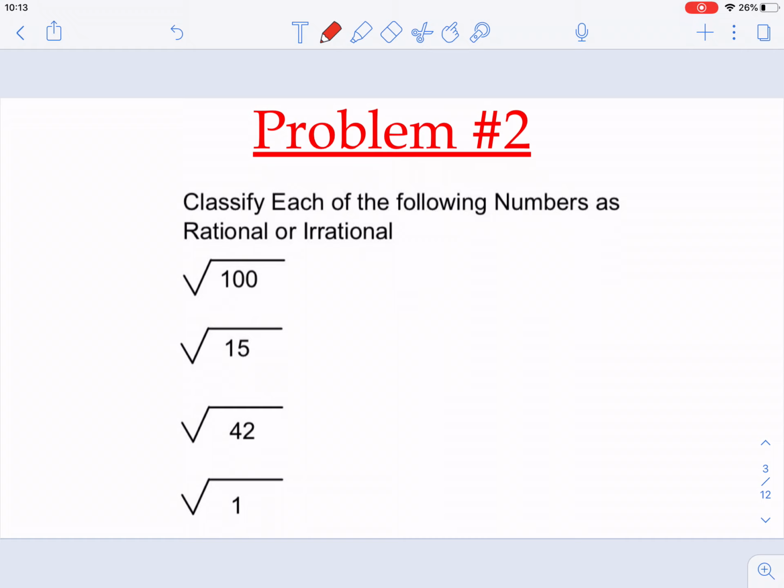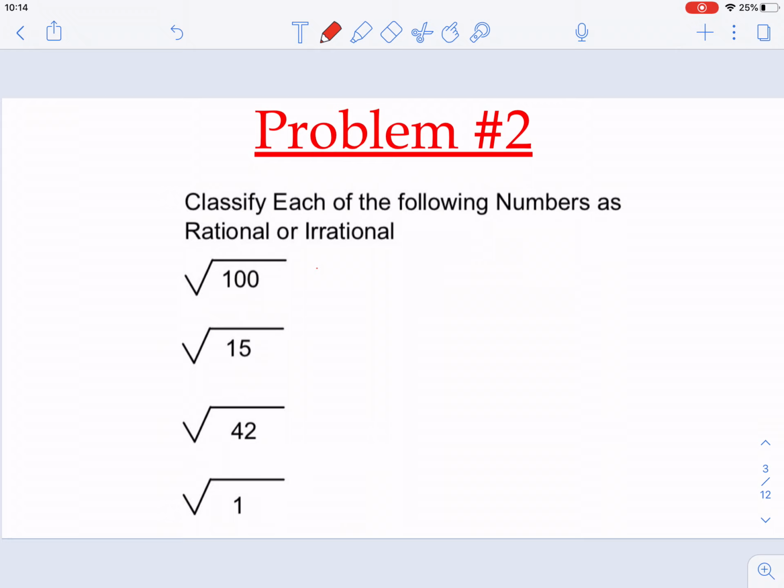When you're determining if a square root is a rational or irrational number, you need to determine if the number under the square root is a perfect square and will equal a whole number or not. If it equals a whole number, then it is rational. If it does not equal a whole number and it is not a perfect square, then your number is irrational. My first example is the square root of 100.